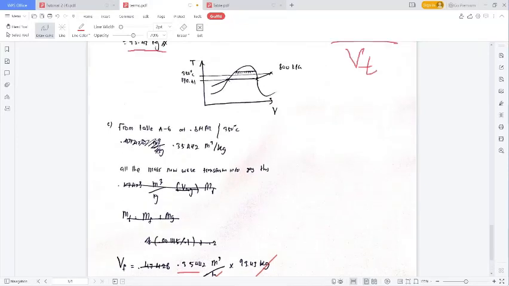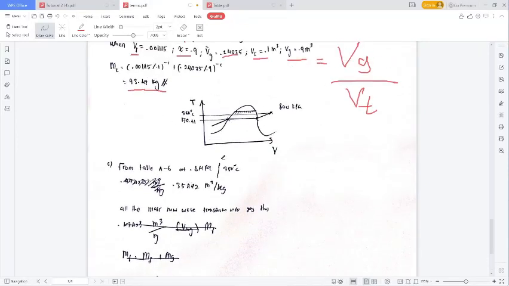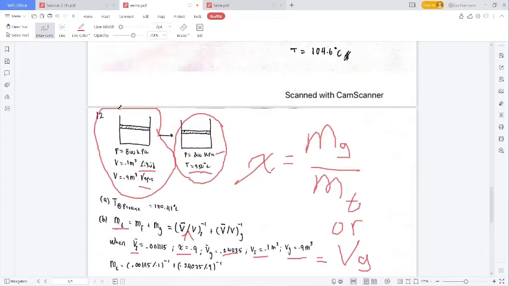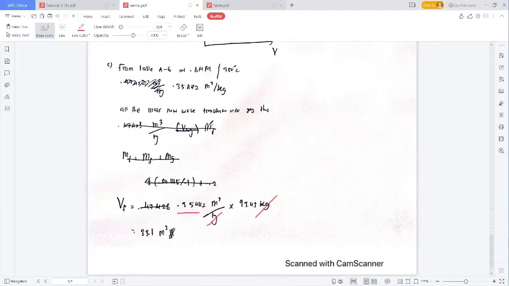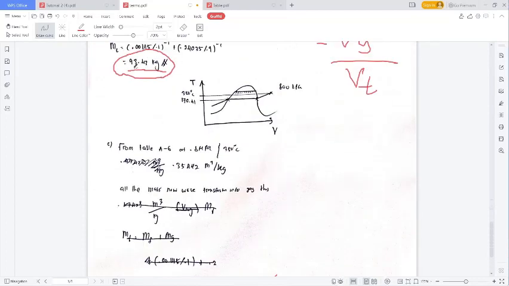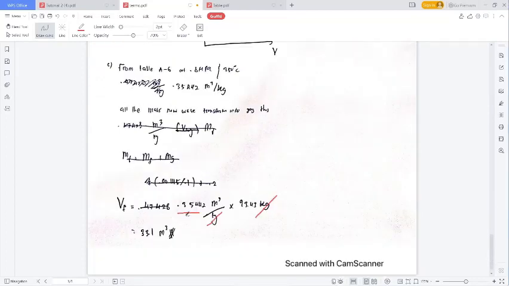Like I said previously, this system is enclosed, so there is no mass in and out from the first stage to the second stage. The mass is conserved, so you can use the mass you defined in the first stage in the second stage. So the mass of 93.43 times 0.35442 gives the final volume of the system, which is 33.1 meter cube.